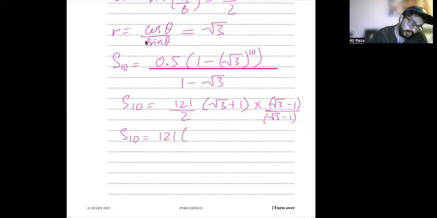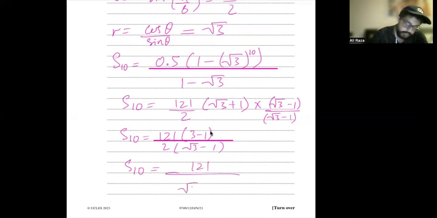This becomes 3 minus 1 using the identity a plus b multiplied by a minus b, which is a squared minus b squared. 2 multiplied by root 3 minus 1. So this 2 and this 3 minus 1 cancel out each other. So S10 is equal to 121 upon root 3 minus 1.